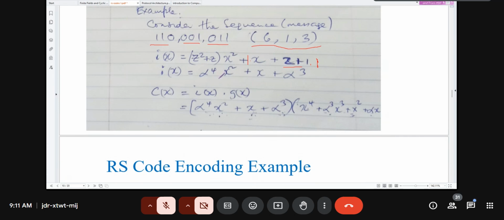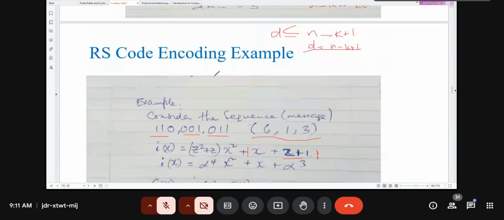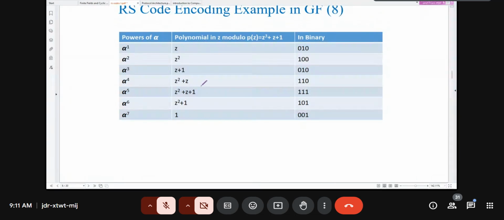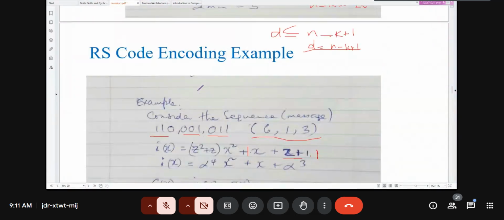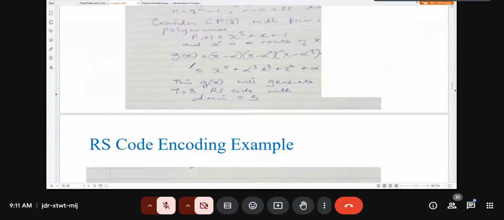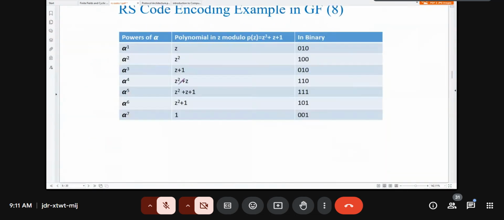But now, from this small table here, you can get that as alpha to the 4 x squared plus x plus alpha, because z squared plus z is just alpha to the 4.